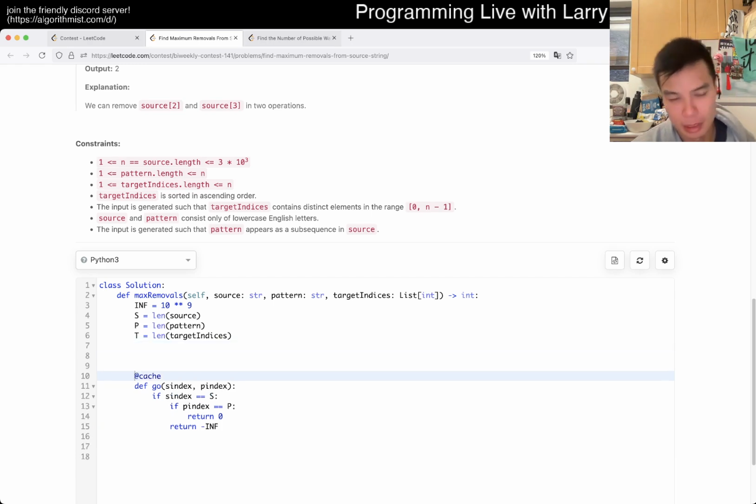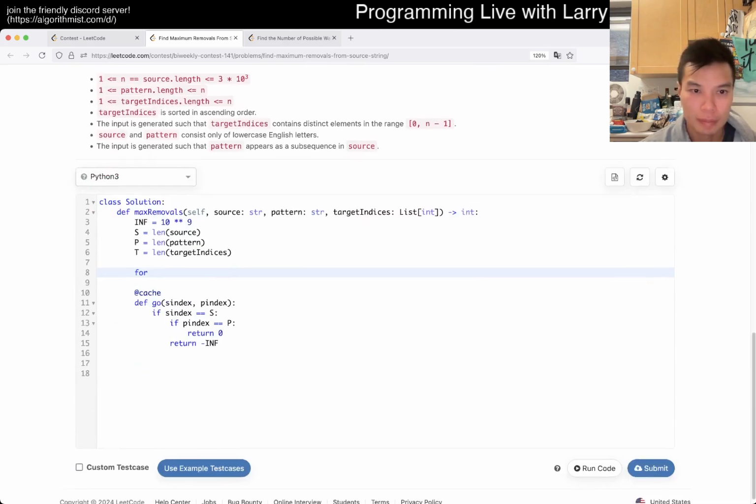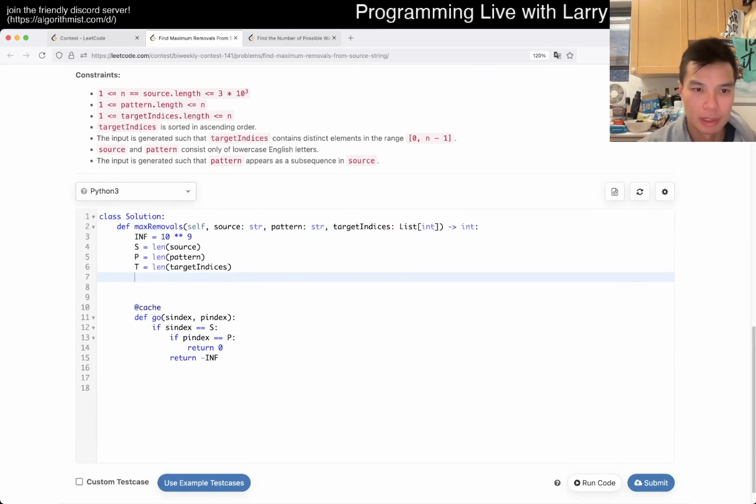Okay, I see. This is actually not that bad, I just get confused. Then now, I don't even need to do it this way. This isn't T, this is just, right.